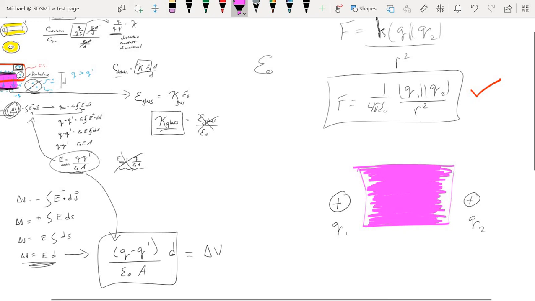Well, this piece of glass has a different permittivity value.